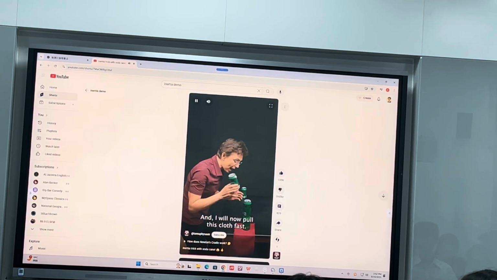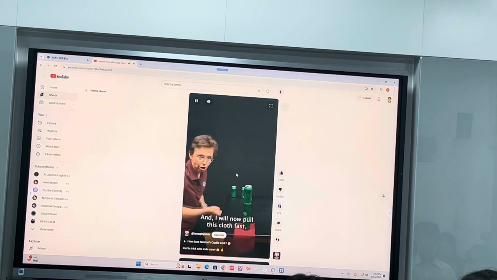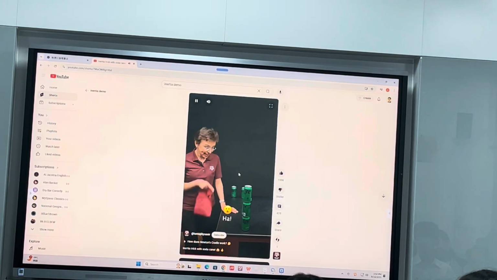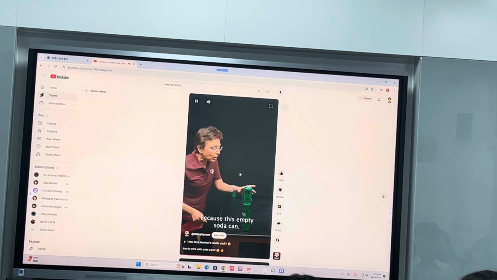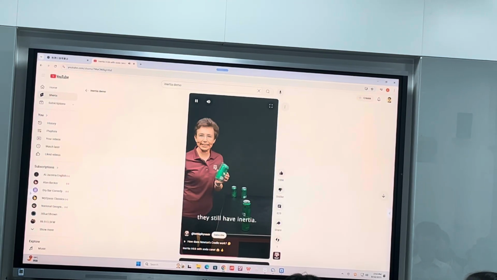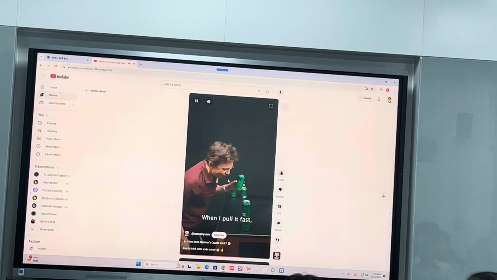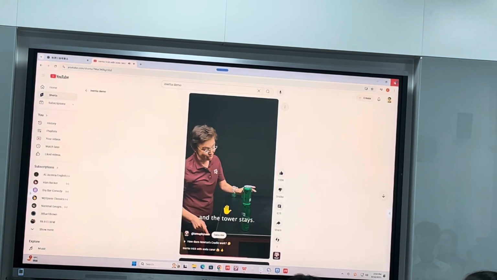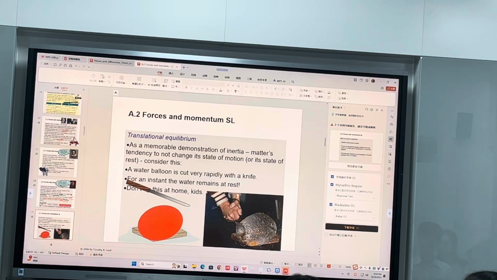And I will now pull this cloth fast. 3, 2, 1. Now it's standing. Why? Because these empty soda cans, even if they're light, they still have inertia. When I pull it fast, these soda cans don't have time to move.